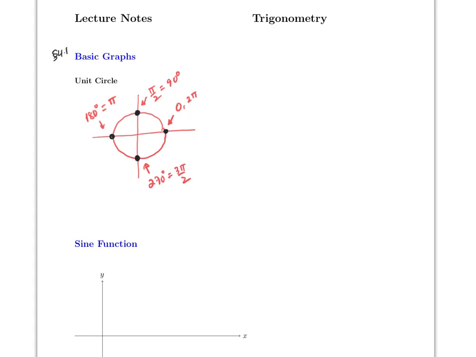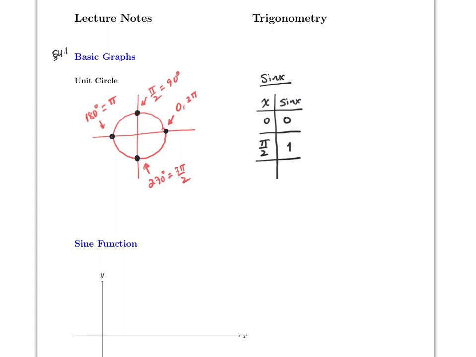So we're talking about sine, which is the first graph we're going to do. You need to memorize the values at these points. Okay? So this will be x, and then obviously this will be sine of x. So if x is 0, this is 0. If x is 90 degrees, this is 1.